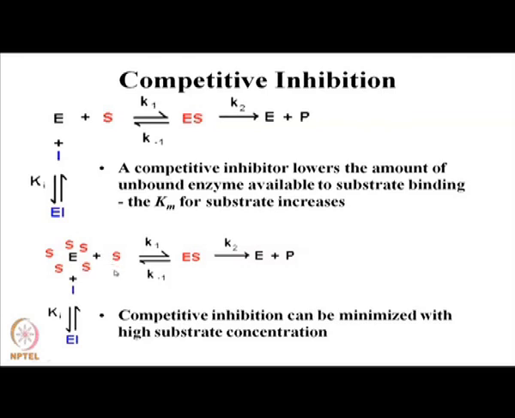The other situation is that if you add your substrate to a huge extent, meaning the substrate concentration is very high, then the concentration ratio of substrate to inhibitor is higher, that is, more substrate is there.